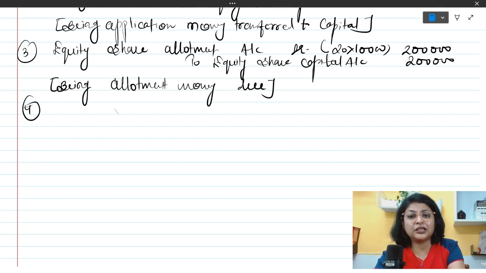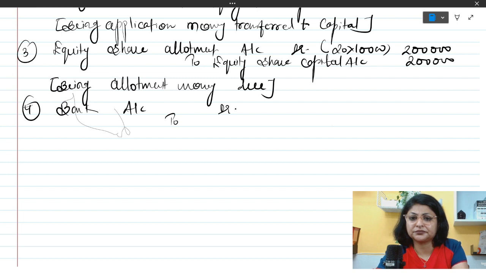Then the fourth entry will obviously be the receiving entry. So the entry is going to be bank account debit to equity share allotment.